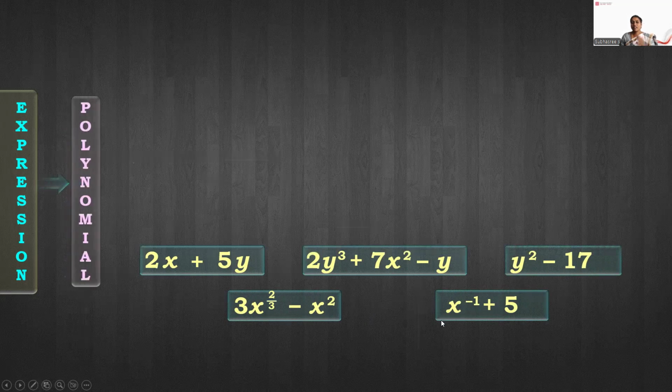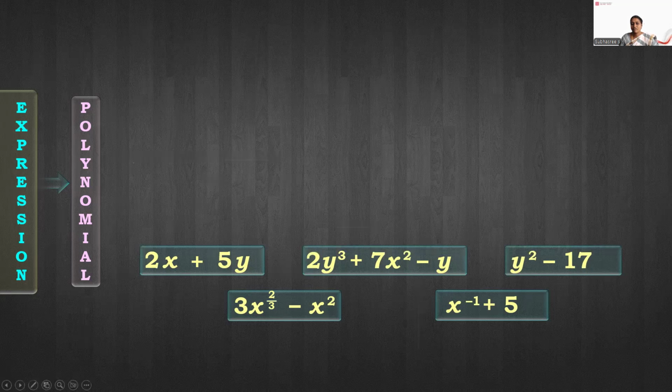You are clear? Now you want to check which of these is a polynomial. How will we determine a polynomial? First, we have to see the degree. It should not be in the fractional part.